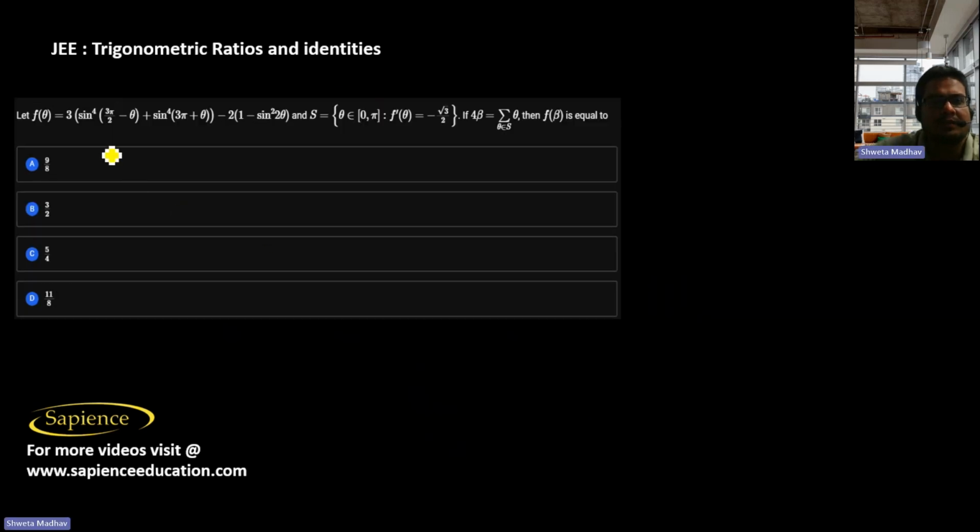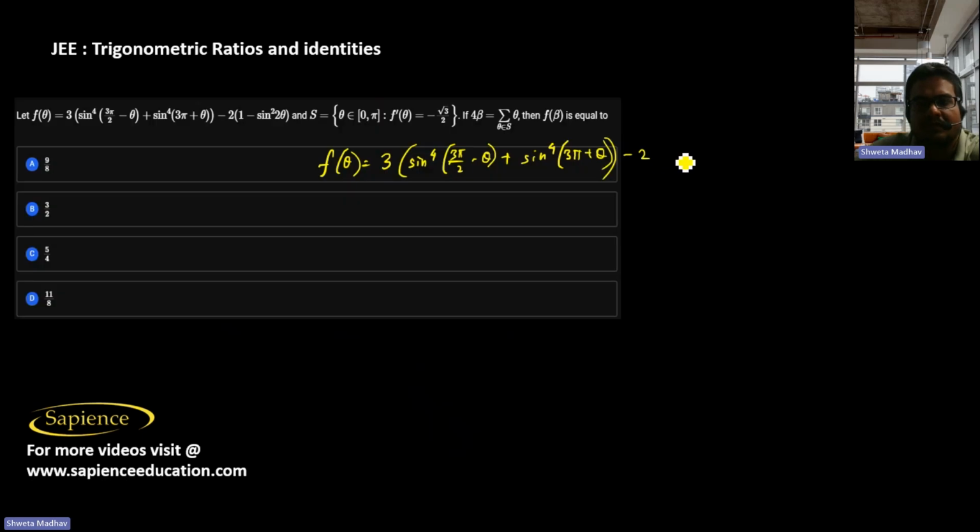And here it is told, let the function f of theta be equal to 3 into sine power 4 of 3 pi by 2 minus theta, plus sine power 4 of 3 pi plus theta, minus 2 into 1 minus sine square 2 theta.